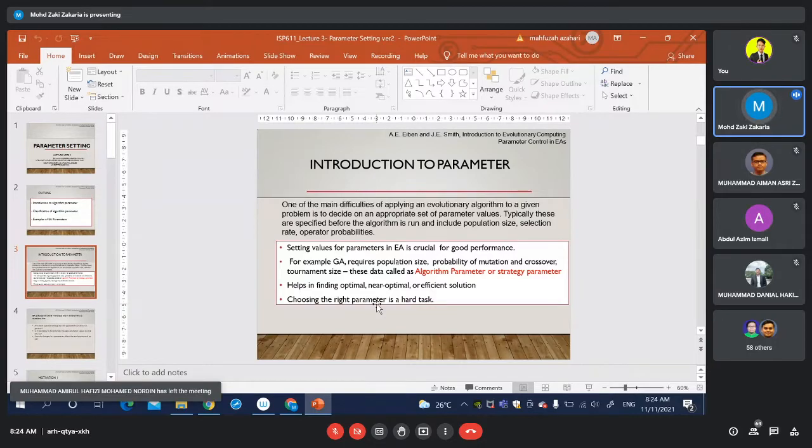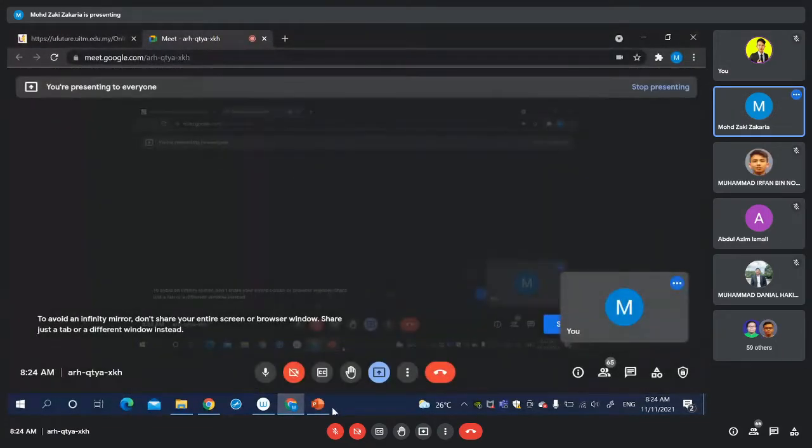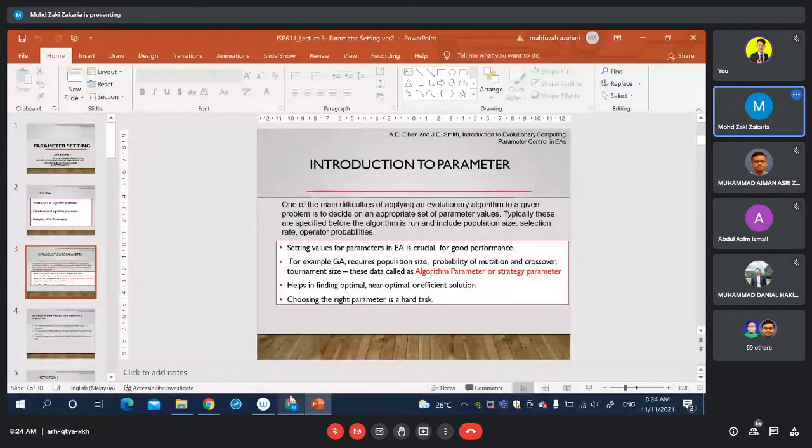So how to measure, how to determine, how to make sure that our system is in good performance? So we need to try and error the value of the parameter. For example, GA requires population size, probability of mutation and crossover, tournament size. This is called algorithm parameter or strategy parameter.